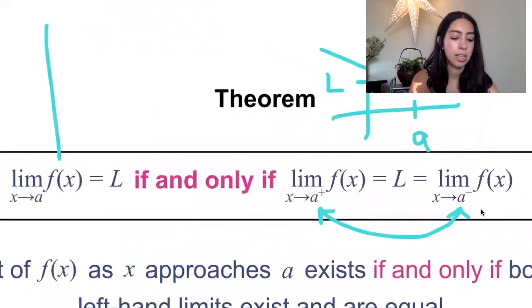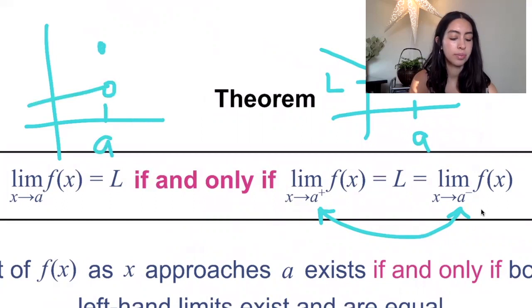Something like this, for example, say this is A. That limit does not exist because if you look at the left-hand limit compared to the right-hand limit, they have different values. So that would mean that they're not equal in that example.